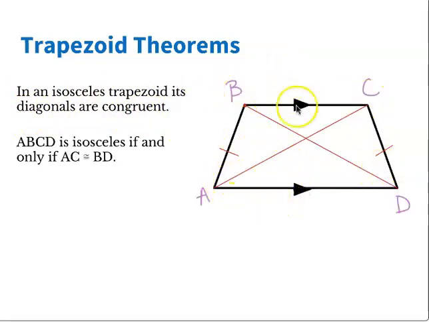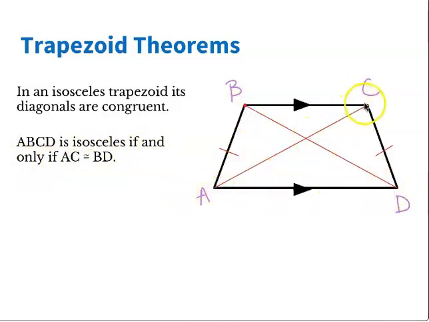I went ahead and added the vertices of this trapezoid, vertices A, B, C, D. So this makes this trapezoid ABCD. If we are looking at the diagonals, this quadrilateral will be an isosceles trapezoid if and only if our diagonals are congruent.